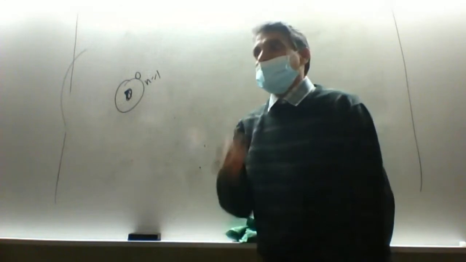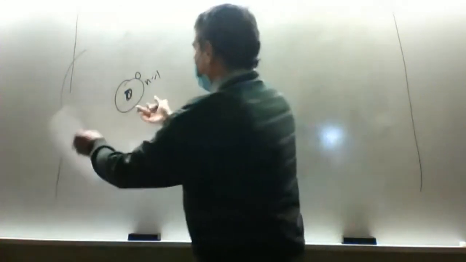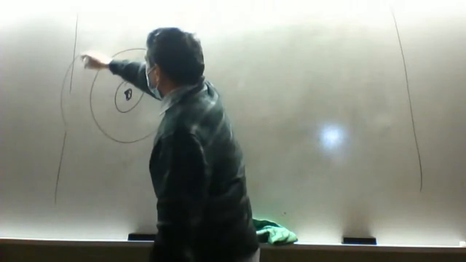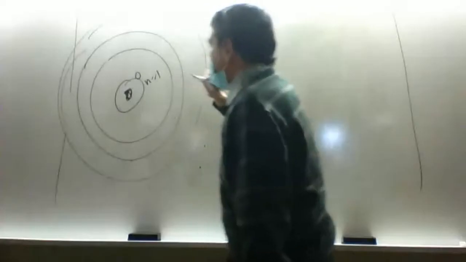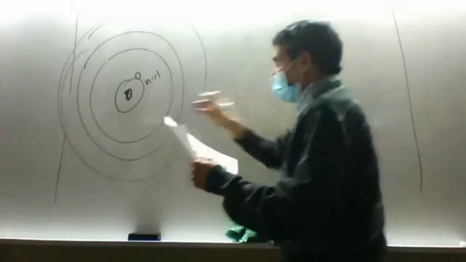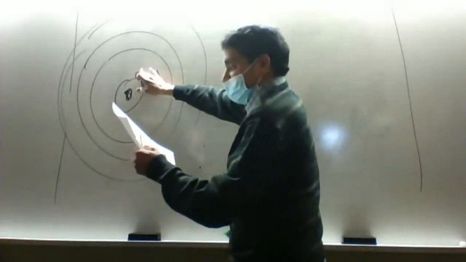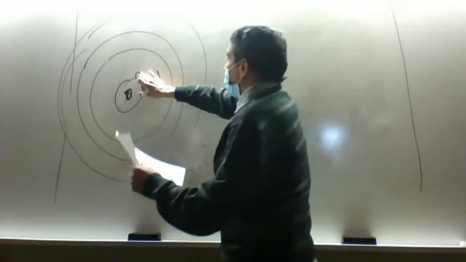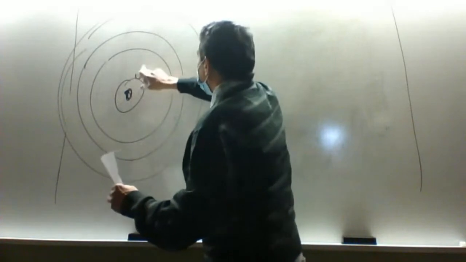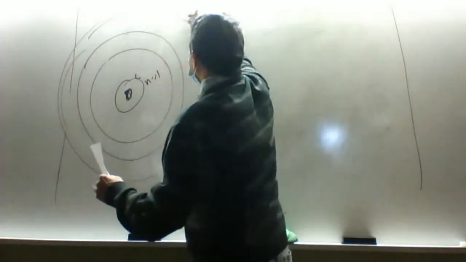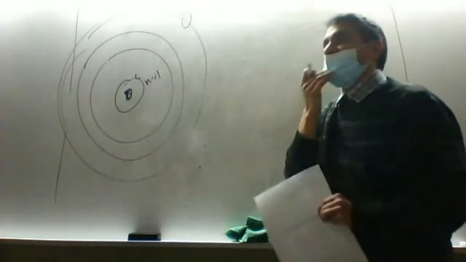Now, if you give it energy, there are many orbits, infinite, like this, right? Then the electron picks up some energy and jumps up to the fourth orbit. 1, 2, 3, 4. It already jumped there. So that's called the excited state.